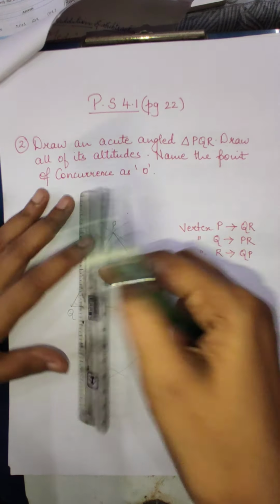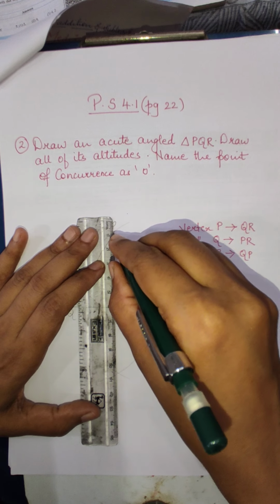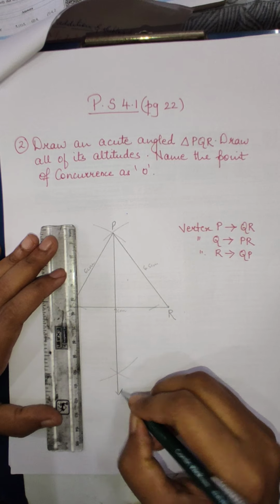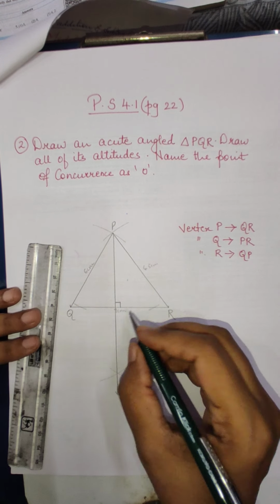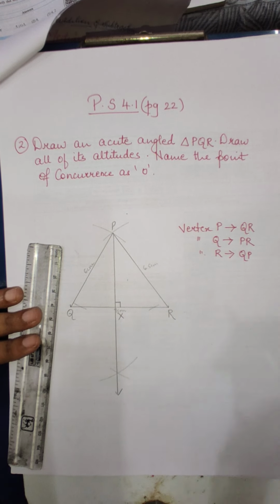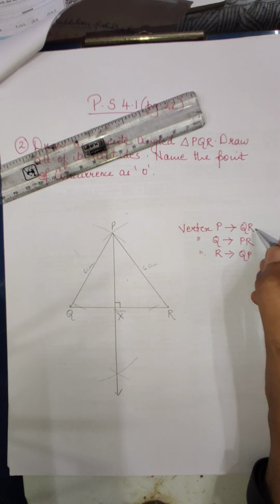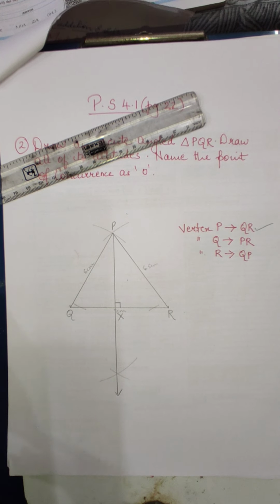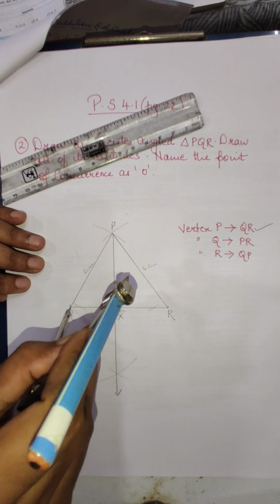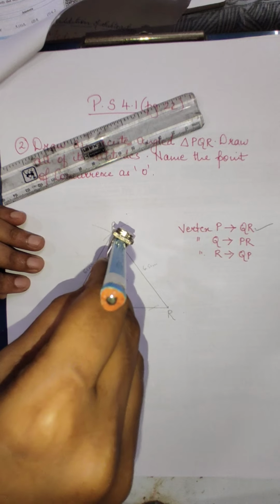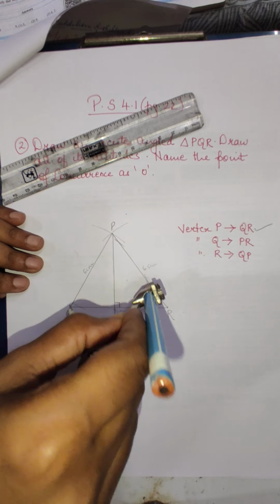Make the arc. And now join this. Perpendicular. Name this as say X. So we have done with the vertex P. Now vertex Q and side PR. So I'm keeping it on point Q. Measure the arcs.